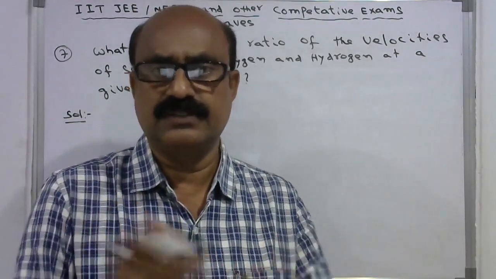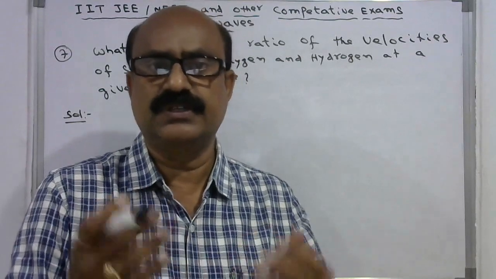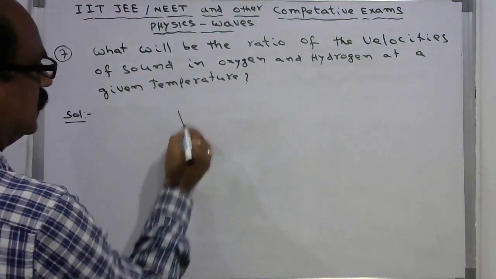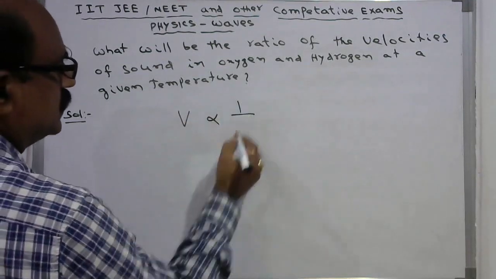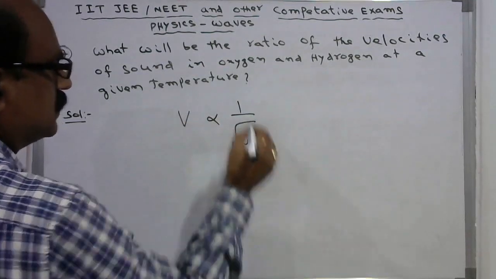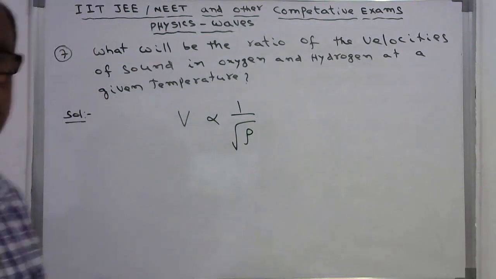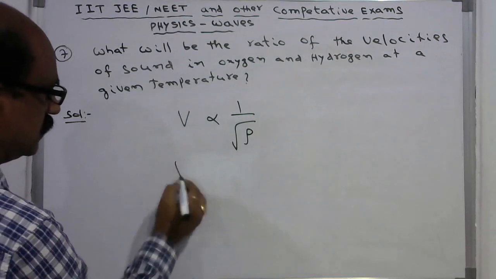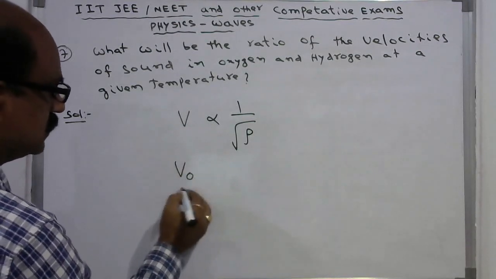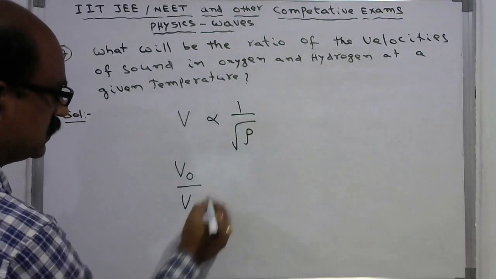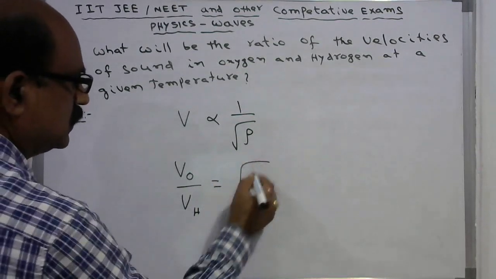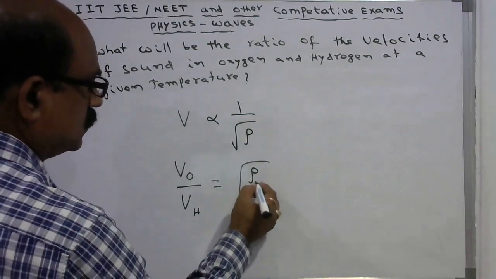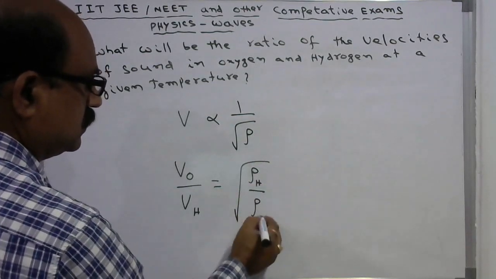We have a relation that the velocity of sound is inversely proportional to the square root of the density of the gas, according to the Newton-Laplace formula. Now the velocity in oxygen to the velocity in hydrogen is equal to the ratio of densities in reciprocal, density of hydrogen by density of oxygen.